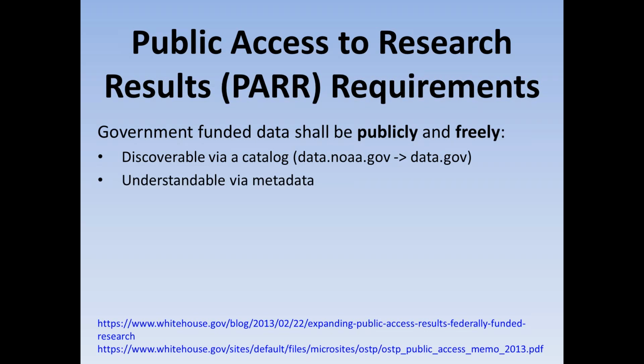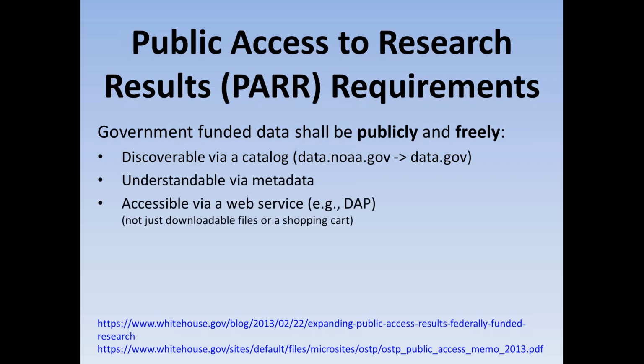The data has to be understandable via metadata, accessible via a web service, although that may just be a NOAA requirement. Rich brought that up. But in any case, there is at least hints that it universally needs to be available via a web service like OpenDAP, not just downloadable files or shopping cart.